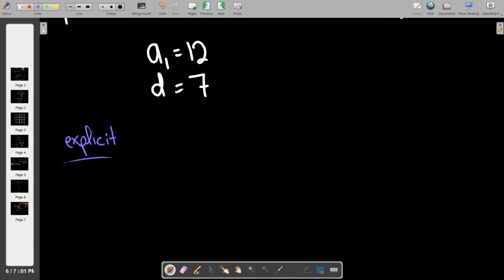So the explicit formula, you have it in your notes, but I thought I would just refresh your memory real quick. The explicit formula will always be a sub n equals a sub 1 plus n minus 1 times d. If you went back in time like a week and a half, you would find that right in your notebook. Explicit formula.